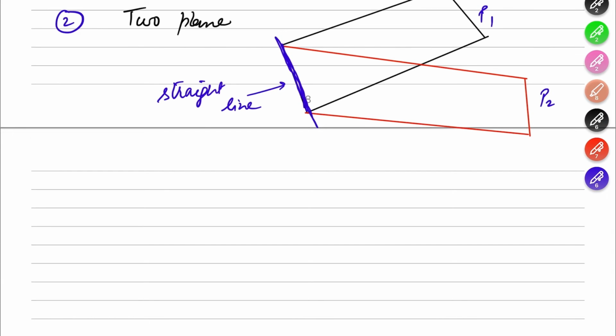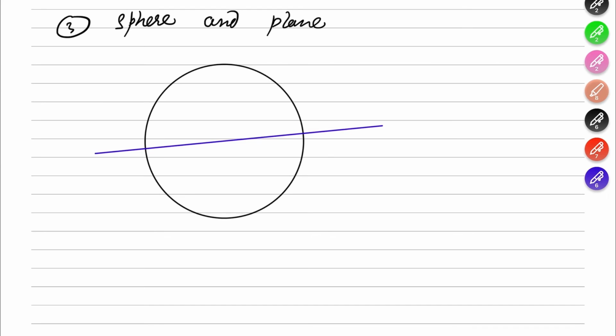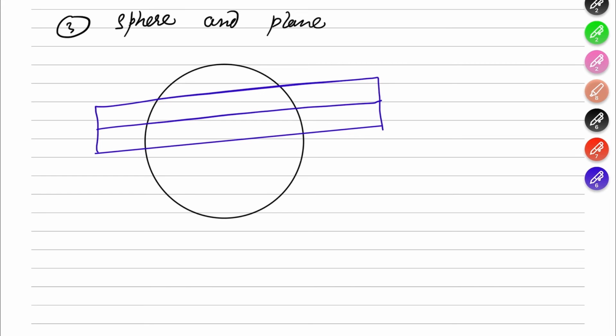Similarly, let's see the intersection of a sphere and a plane. So we have a sphere and we have a plane, something like this, and the intersection of a sphere and a plane is a circle.